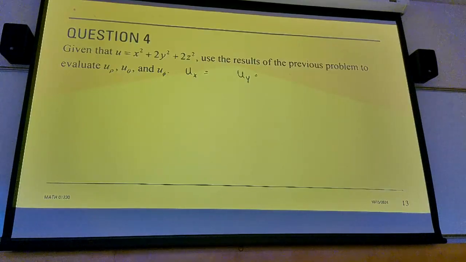Make life easy and first find the three ordinary partials. Let's call them rectangular partials. So what's u sub x? u sub y? u sub z? u sub rho? What did we say it was?